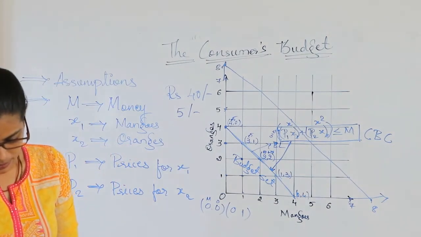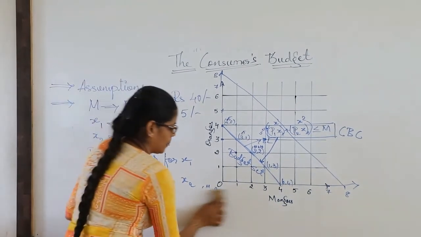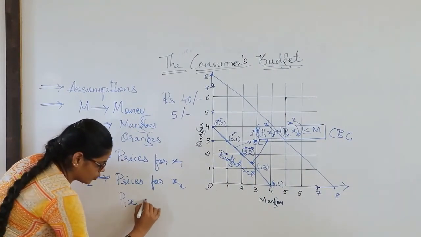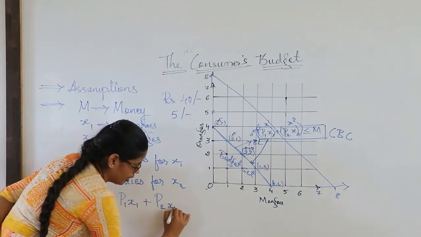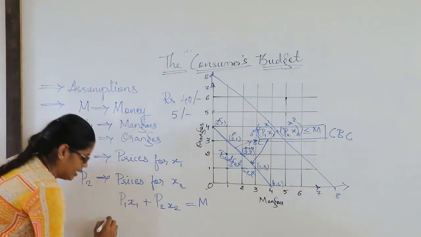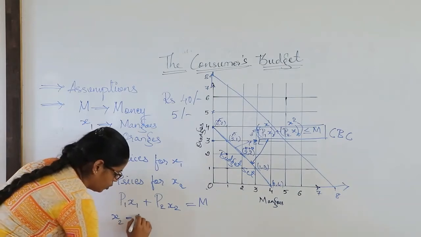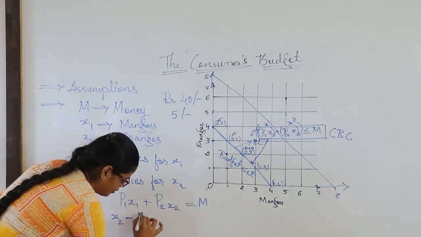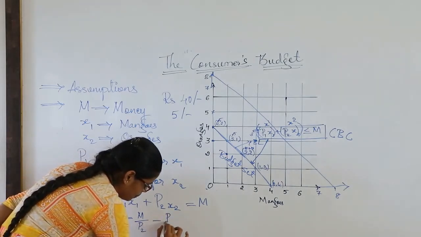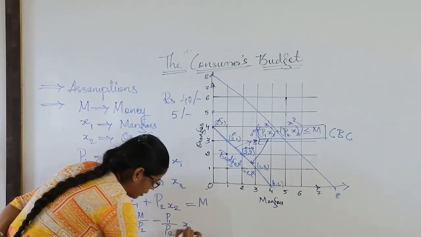Next we have P1 x1 plus P2 x2 is equal to M. This can be expressed as x2 is equal to M divided by P2 minus P1 divided by P2 times x1.